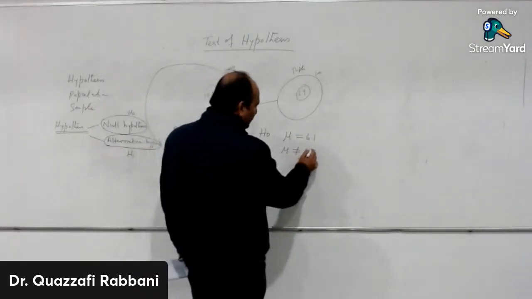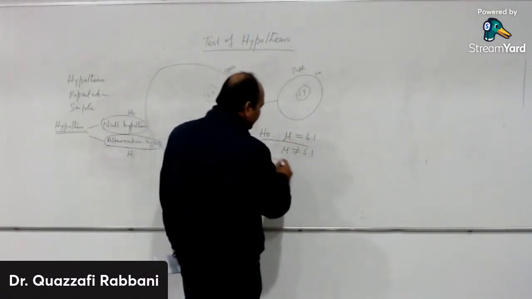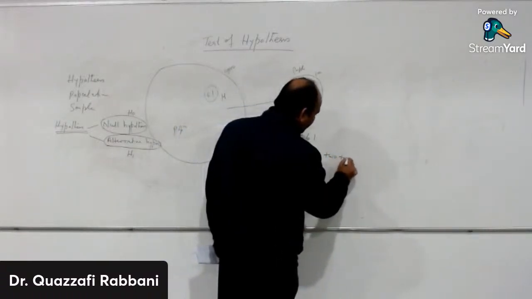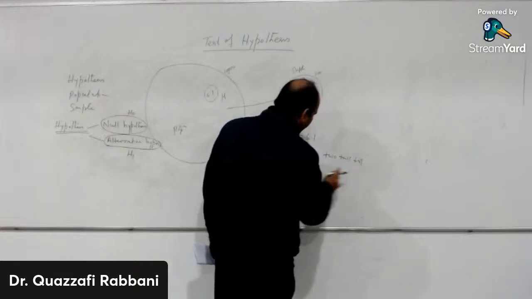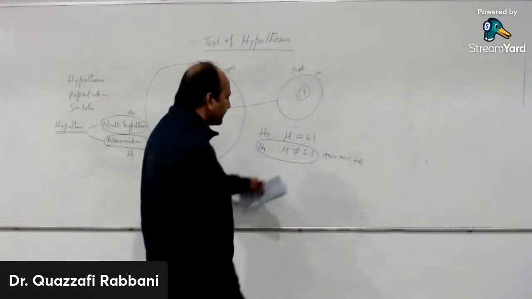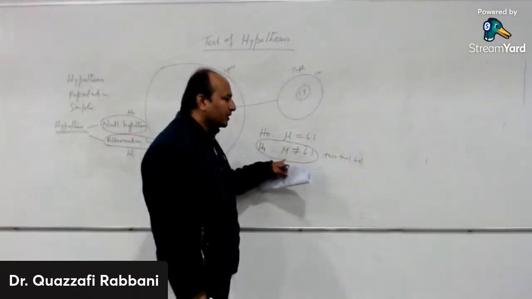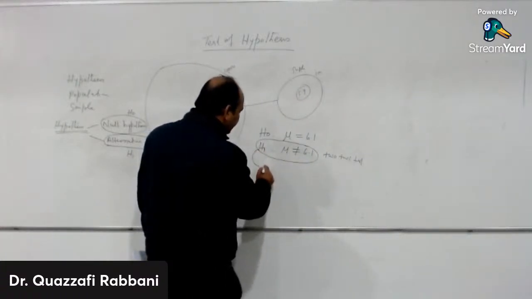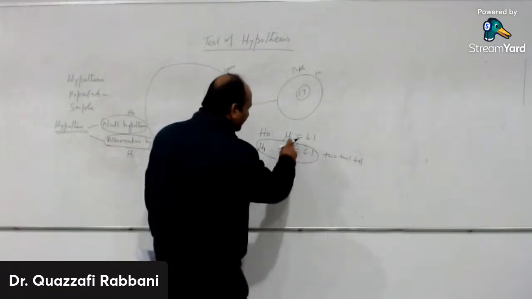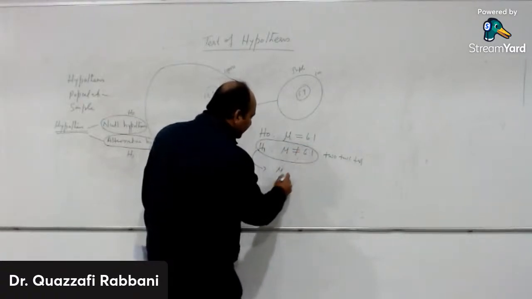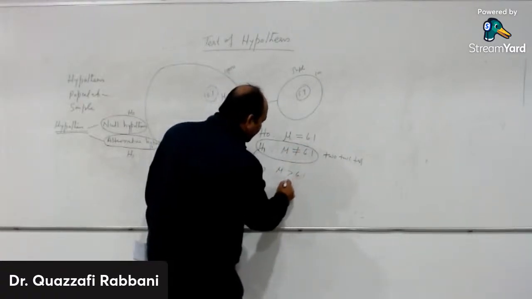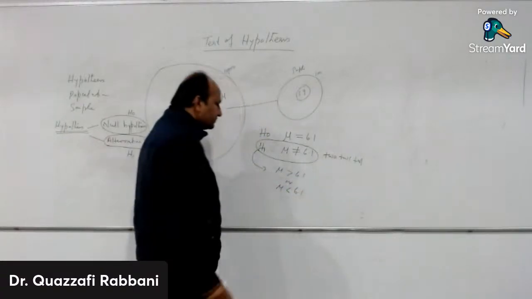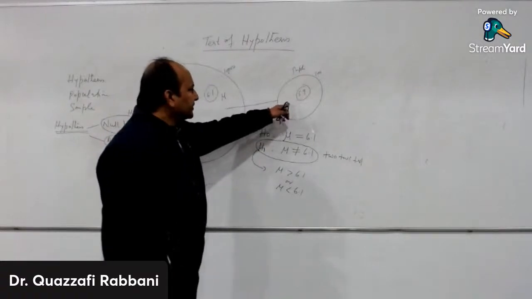If mu is not equal to 6.1, this is known as a two-tailed test, because there are two possibilities, either mu greater than 6.1 or mu less than 6.1. We can also write it like this: if mu is equal to 6.1, otherwise mu greater than 6.1 or mu less than 6.1.